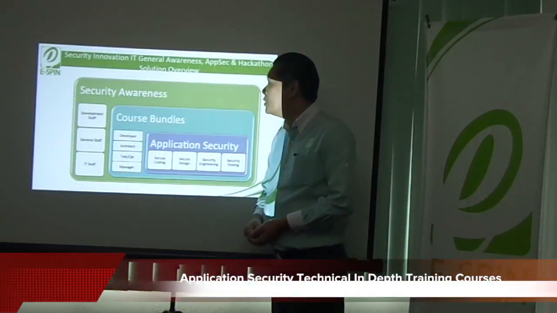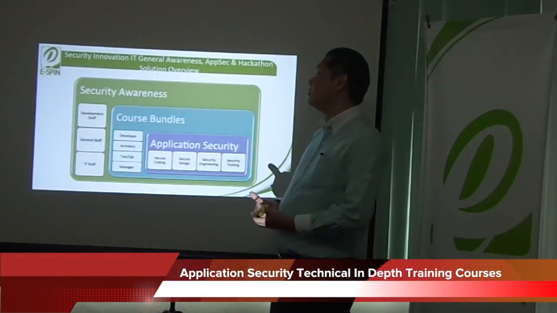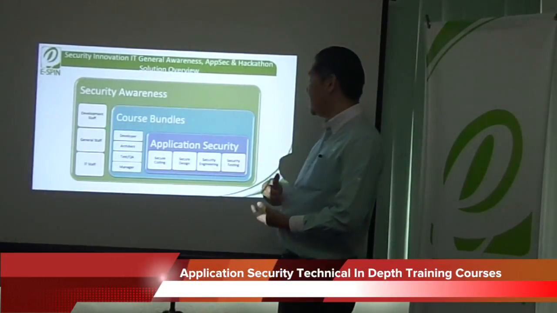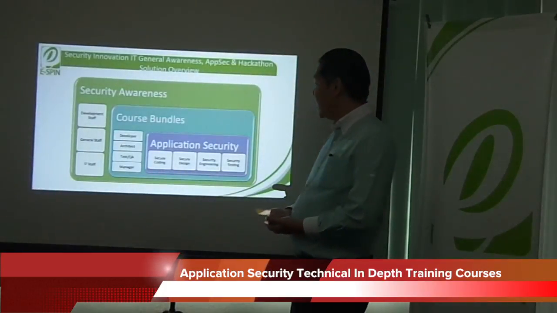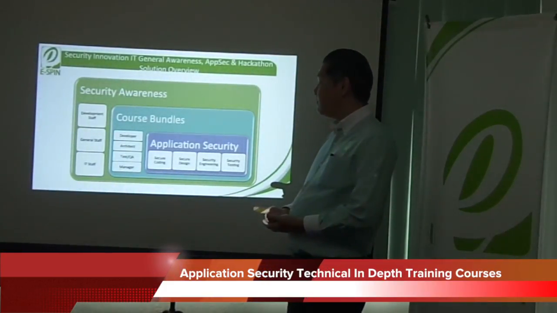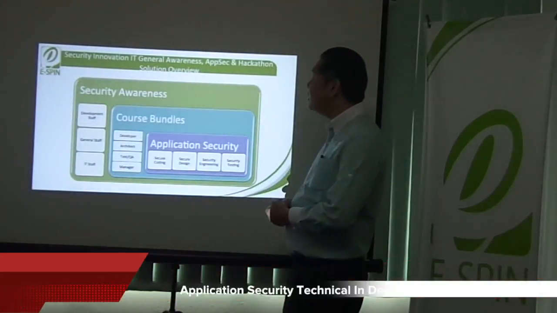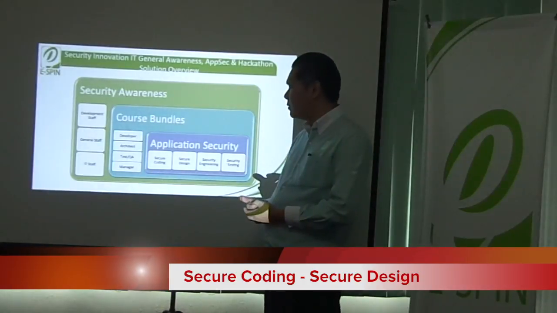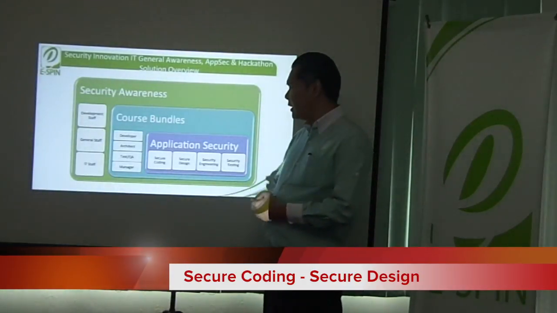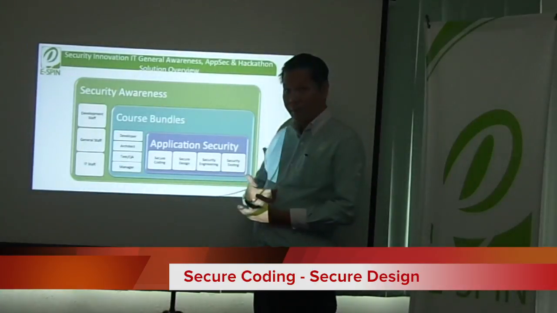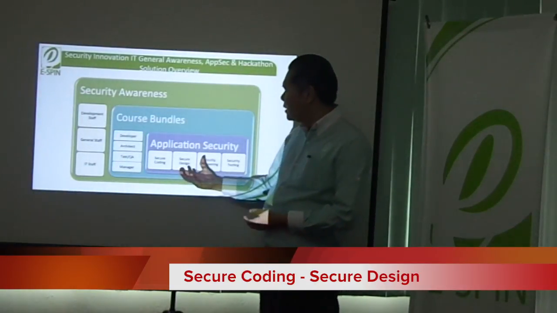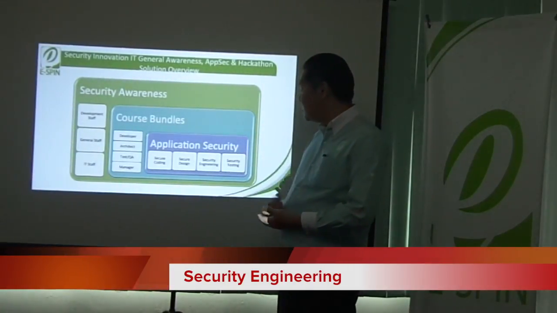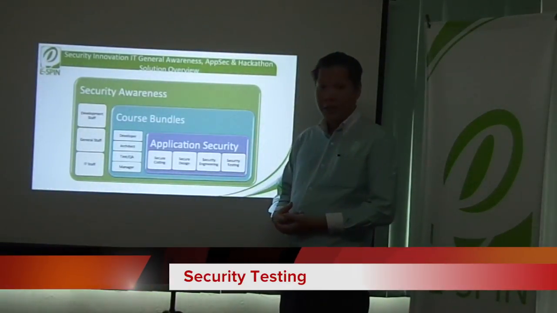Then of course, another whole part of what Security Innovation is really known for is their application security training, which we can further group into four functional areas: secure coding, usually for the developer to enhance their coding on the respective platform; then secure design for the application; then security engineering; and of course security testing.